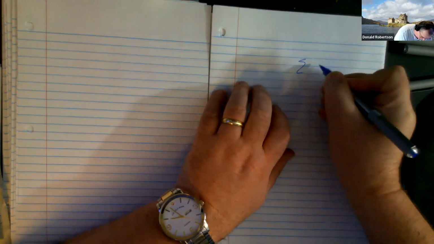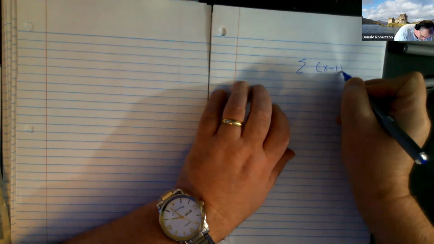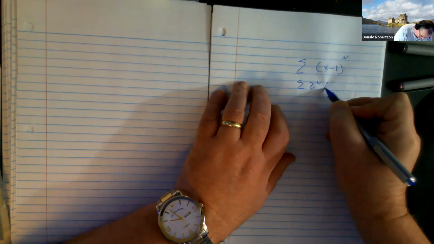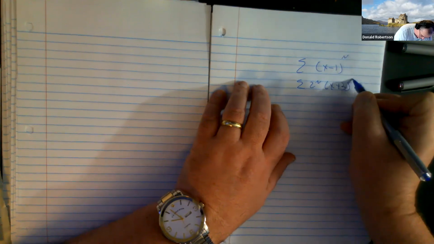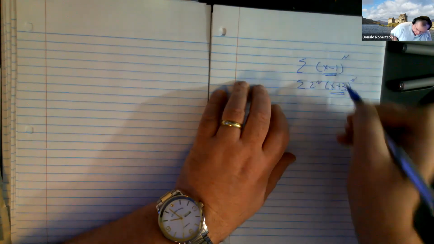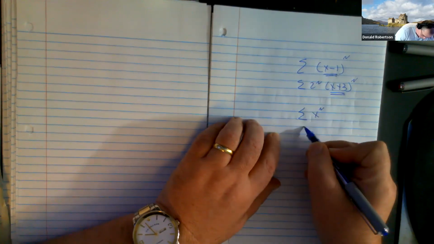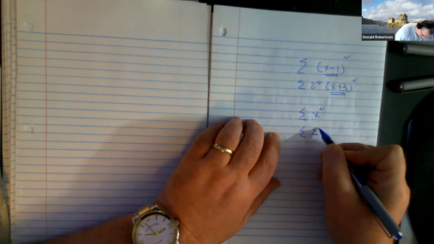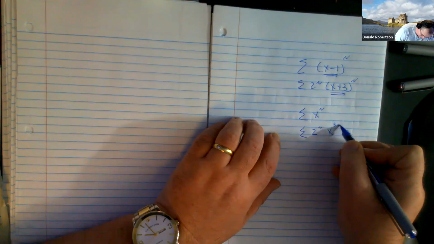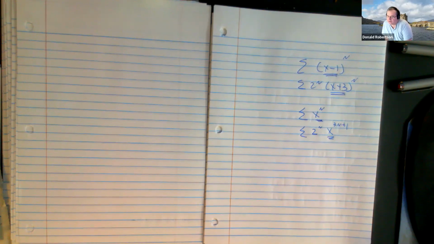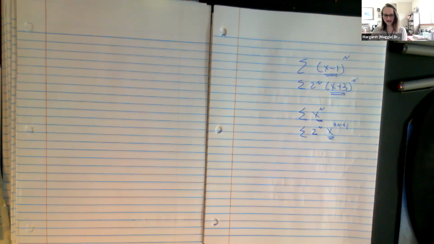So a Taylor power series would have things like x minus 1 to the n, or 2 to the n, x plus 3 to the n. That is what makes it a Taylor series. The ones that we are dealing with all look like this, don't they? They all just have x's, and that's what makes them Maclaurin series. Does that make sense? Yes, thank you.